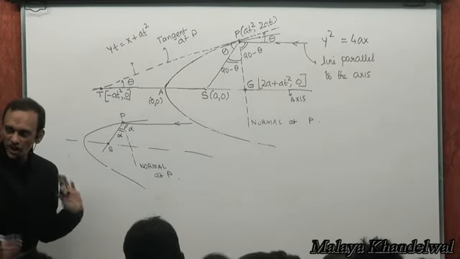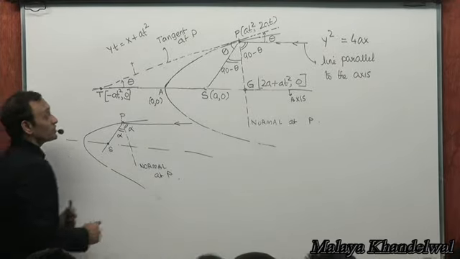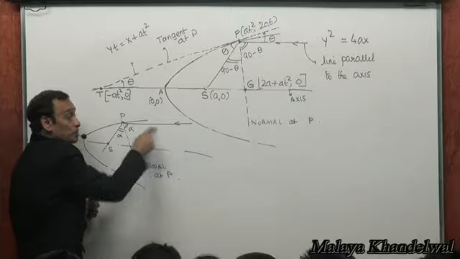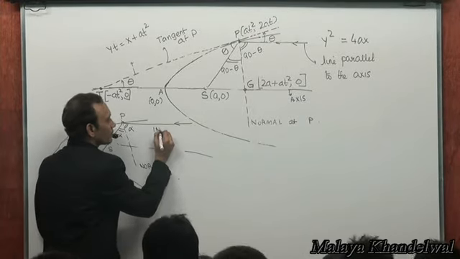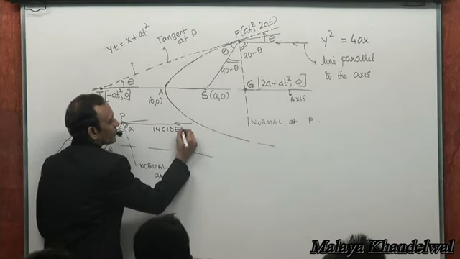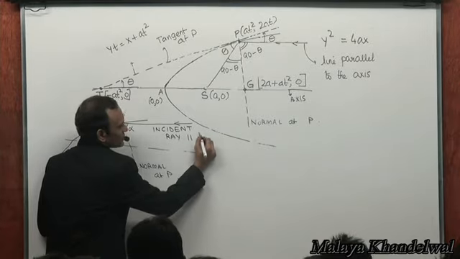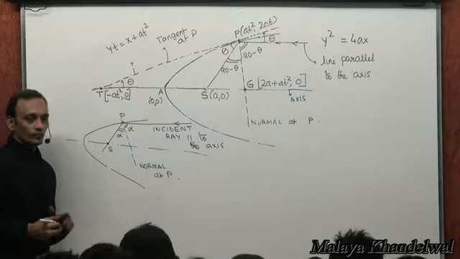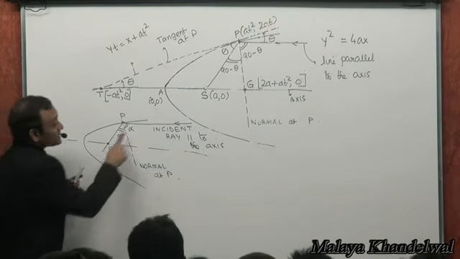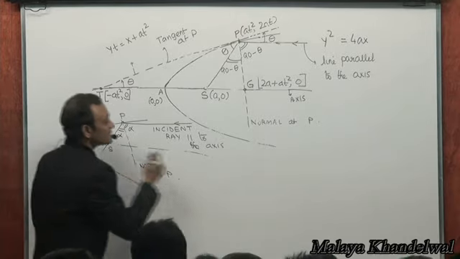Right? Yes or no? Which means the way to interpret this is that if this is a ray parallel to the axis of the parabola, an incident ray, then this alpha must be the angle of incidence.